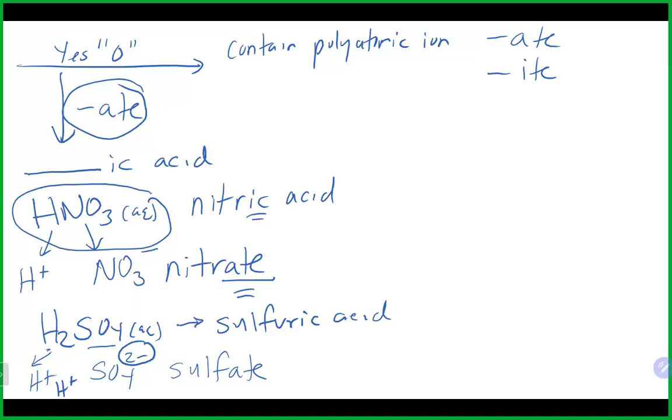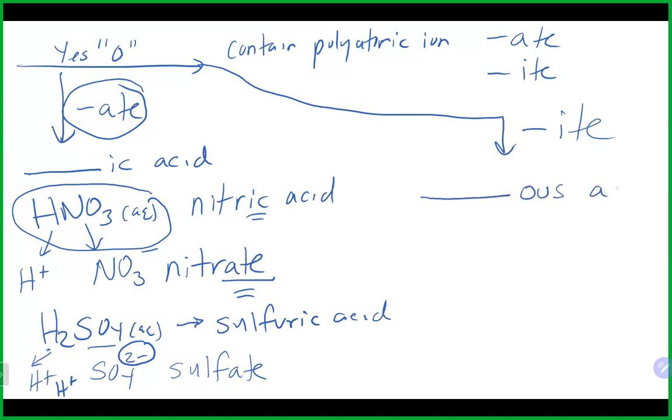And then once you determine that it is an acid, you do then need to determine which way you name it. Does it have oxygen or not? All right, so if your acid has oxygen, and the polyatomic ion ends in ite, which is our other option, you would then go with something-OUS acid.